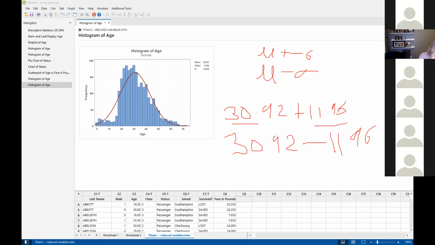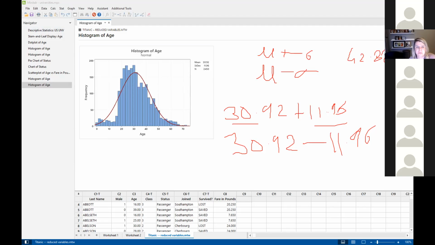the simple calculator of Windows. So this is going to be, oh, sorry, 11.96 plus 30.92, 42.88. So let me write this, 42.88.